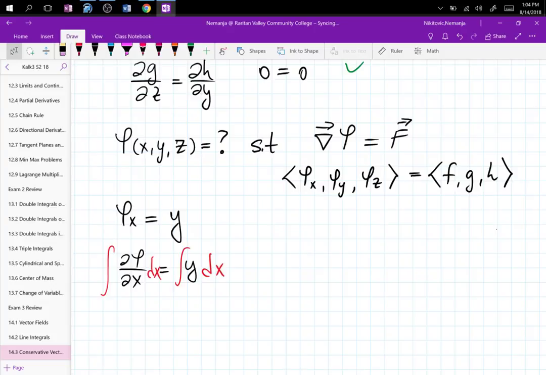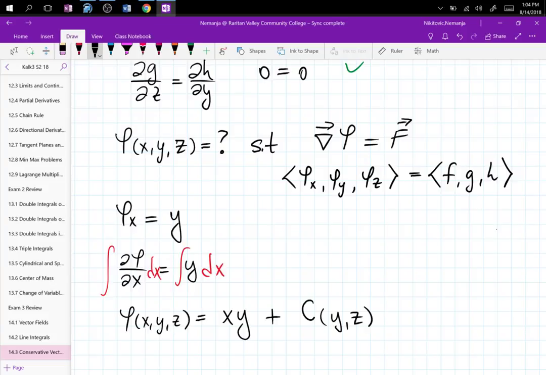And we have phi of x, y, and z is equal to xy plus some constant function c in y and z. We integrated with respect to x.